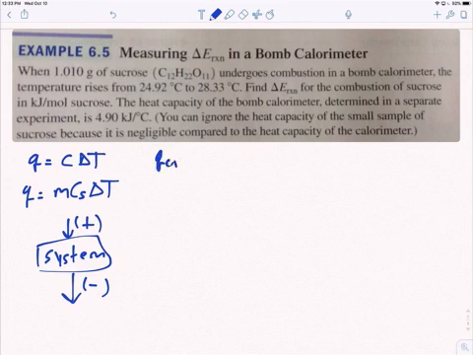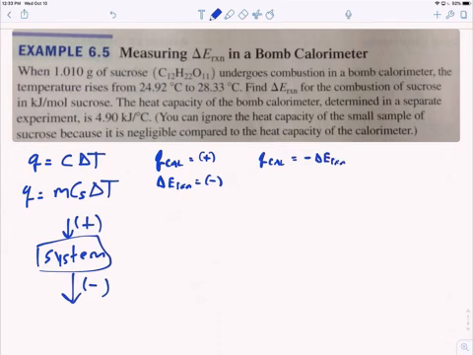The Q calorimeter is positive. The delta E reaction is negative. With the heat flow, the sucrose is losing energy as it's burning, and the calorimeter is gaining energy. And they're also equal to each other. The heat flow of the calorimeter equals minus the delta E reaction.